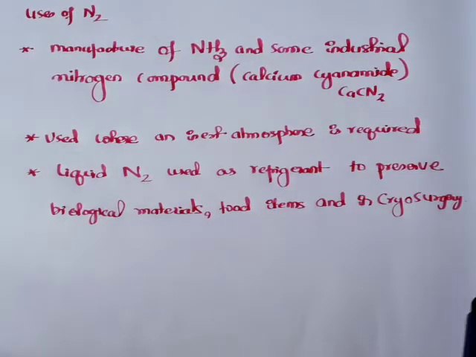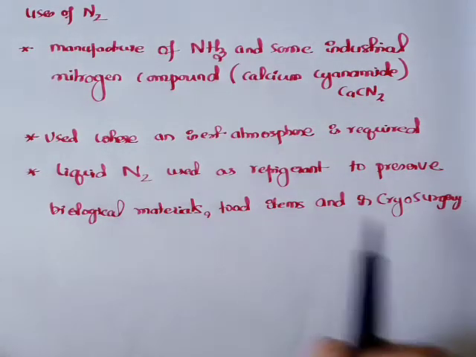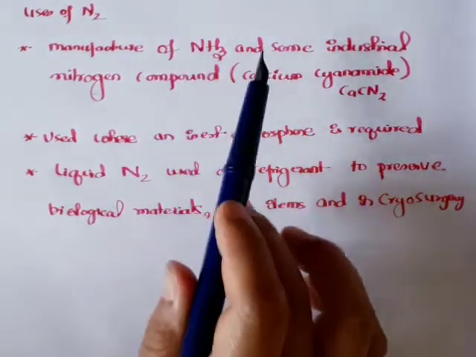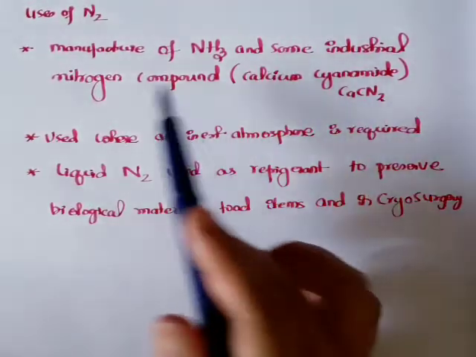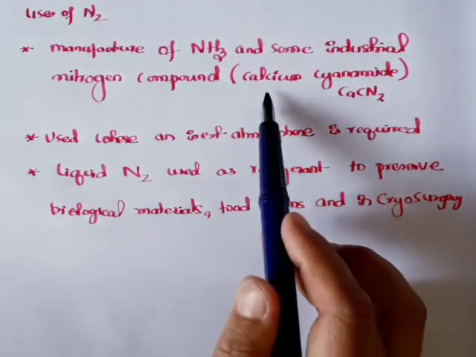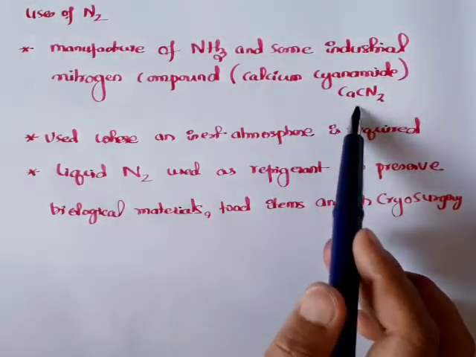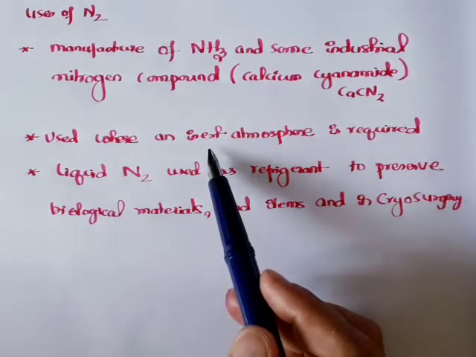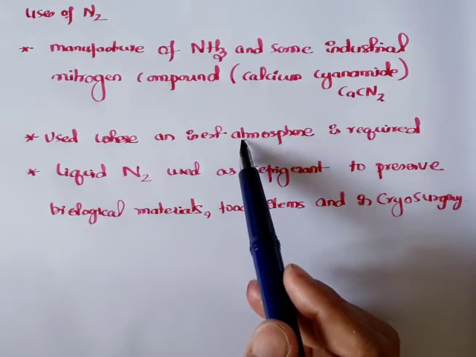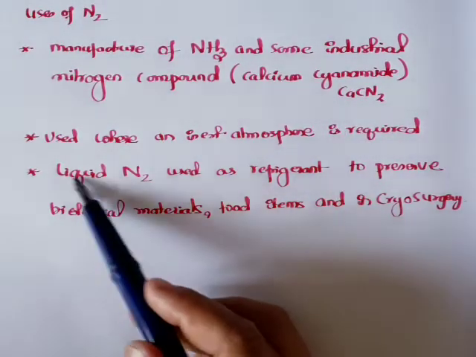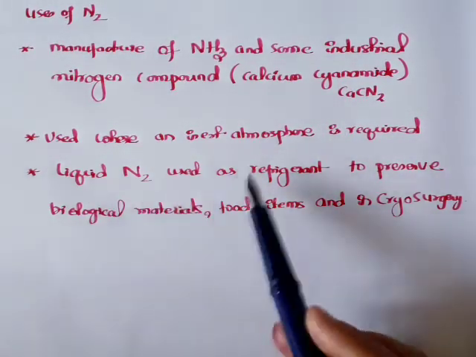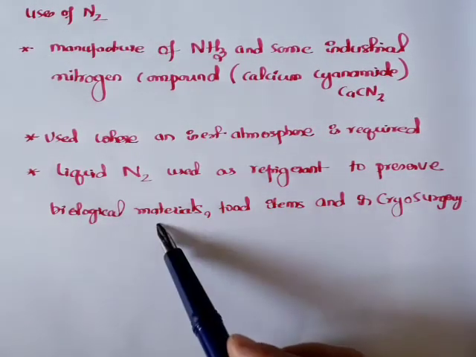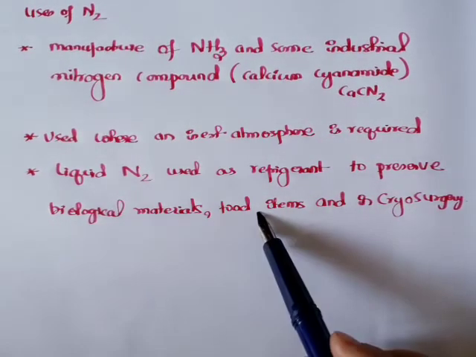Now let us discuss some uses of dinitrogen. It is used for the manufacture of ammonia by Haber's process, and some industrial nitrogen compounds like calcium cyanamide, CaCN2. It is also used where an inert atmosphere is required. Liquid nitrogen is used as a refrigerant to preserve biological materials and food items.